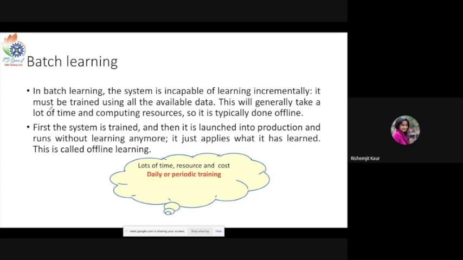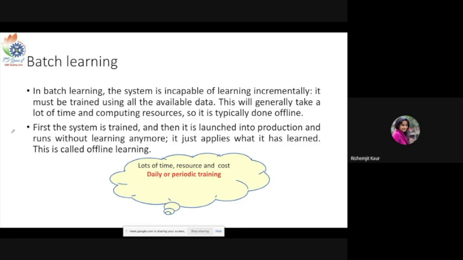The system is incapable of learning incrementally; it must be trained using all the available data. It takes a lot of time and computing resources, so generally it is done offline as well. So what we do is first train the system, and then we launch it into production, and it runs without learning anymore, it just applies what it has learned. This is an example of offline learning.